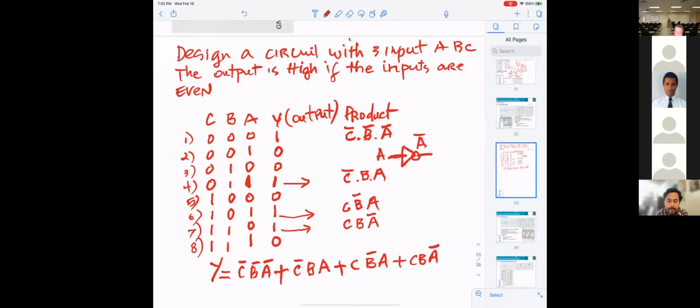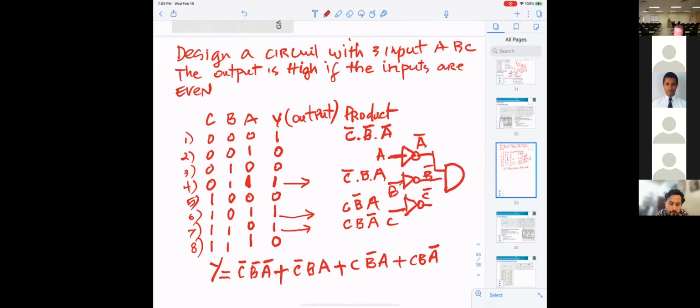Not A. And you can get not B. Then you can get not C. Okay, not A, not B, not C. Okay, so not A and not B, you put the AND gate.